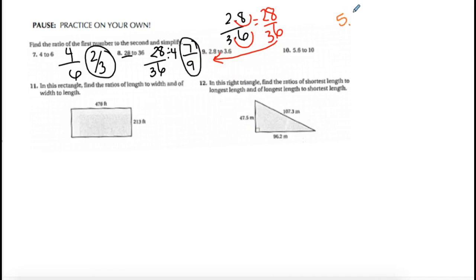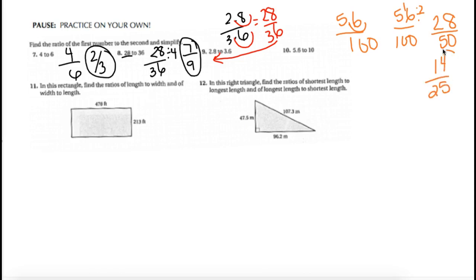If I have 5.6 over 10, I need to move this one, so I get 56 over 100. I know the number 2 goes into both of those, so 2 goes into 5 2 times, carry my 1, 2 goes into 16 8 times. 100 divided by 2 is 50. I can divide both of those by 2 and I'd get 14 over 25.